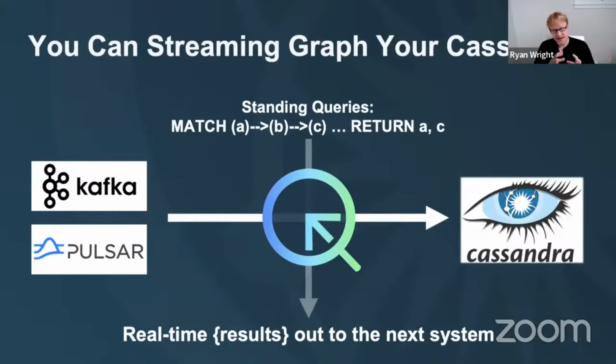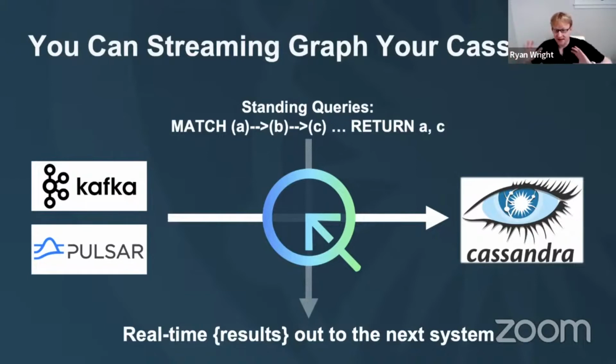Data comes in, it gets formed into a graph using what we call an ingest query. So take each record out of Kafka, form it into a graph shape. And as that graph gets built and changes dynamically, you can issue what we call a standing query over top of it to say, monitor the graph for these complex patterns I care about. Those patterns get monitored very efficiently.